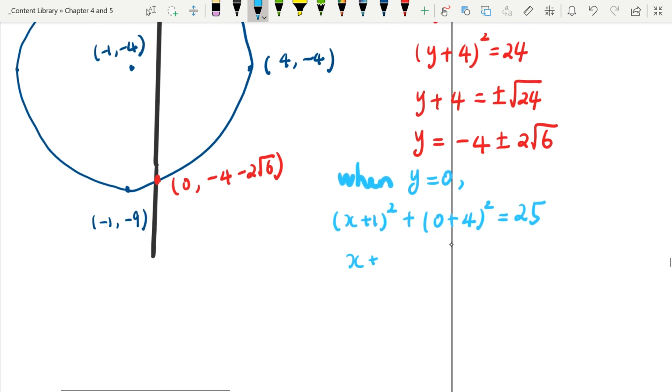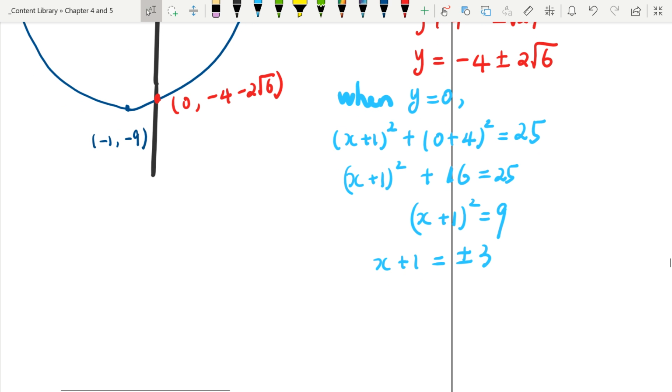So x plus 1 squared plus 16 equals to 25. X plus 1 squared equals to 9. So what must x plus 1 be? Plus minus 3. Thank you. So x plus 1 equals to minus 3 or x plus 1 equals to positive 3. So x is minus 4 or x is 2.